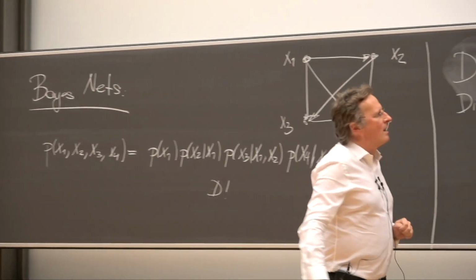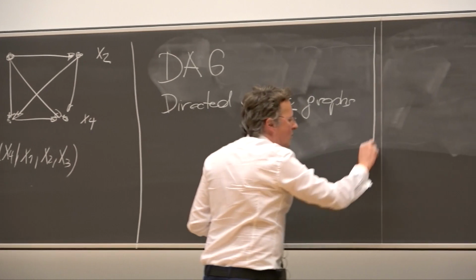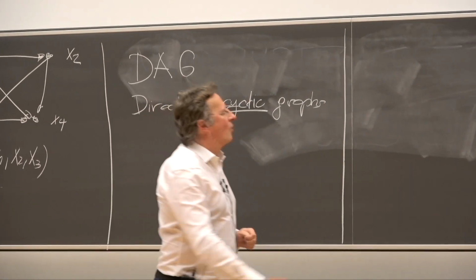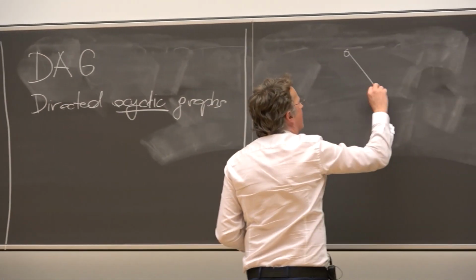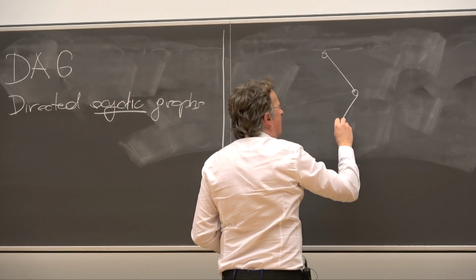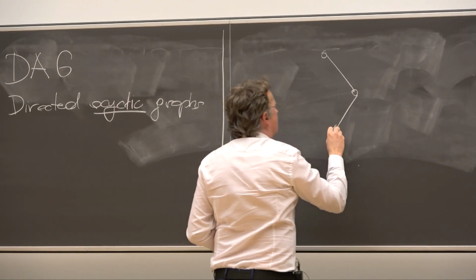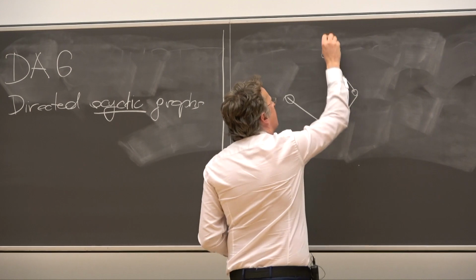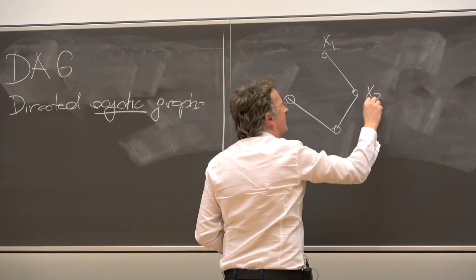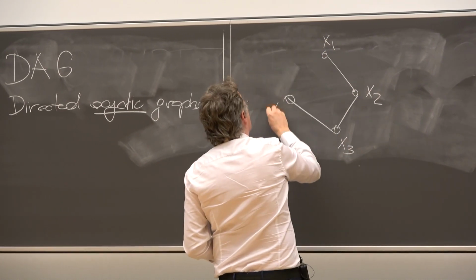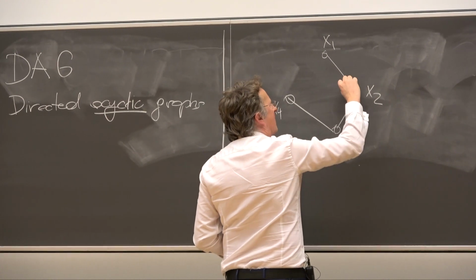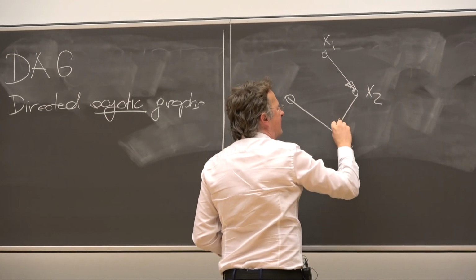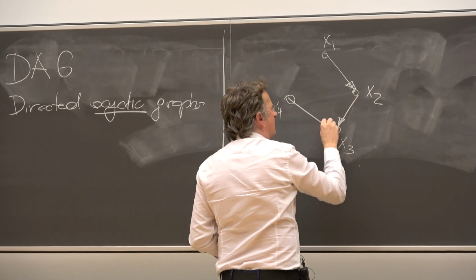Good, so now I want to draw a graph. Maybe it's going to look something like this. Maybe something like this. And so maybe I have something like this. Right?